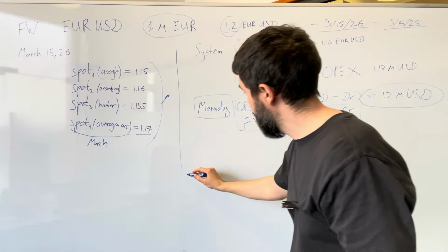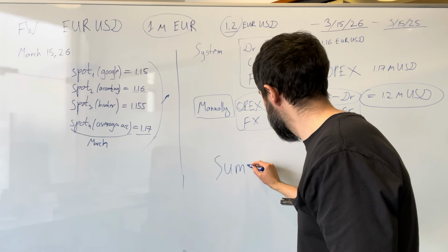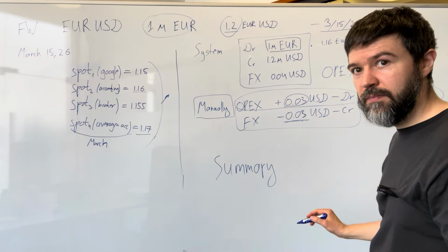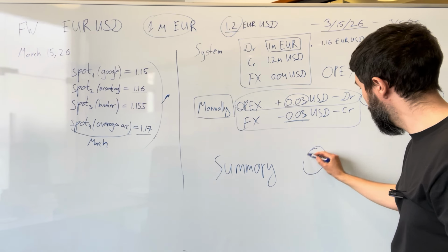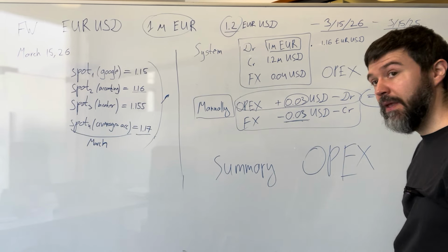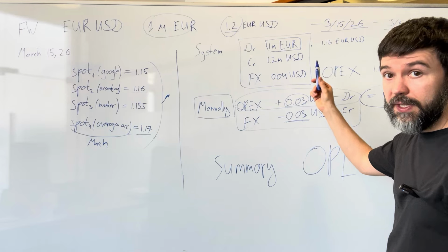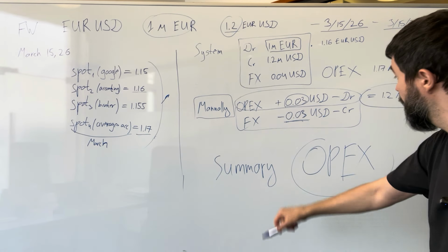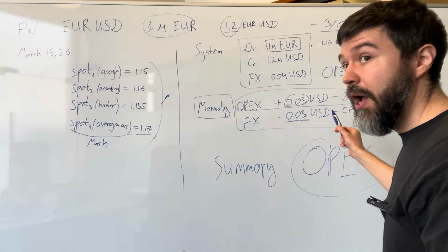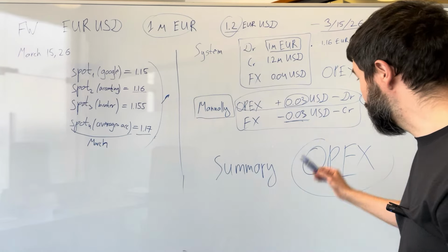Final thought, just to summarize. Look at OPEX. For that particular example, it was OPEX that was hedged at the beginning, and that's what you should aim to get in your books.